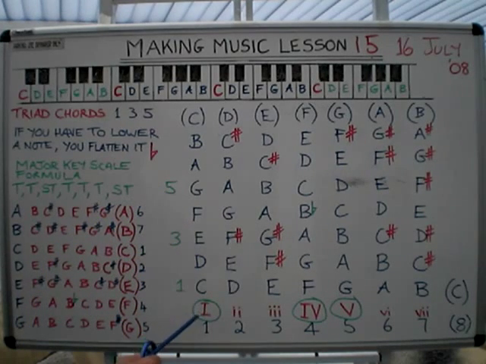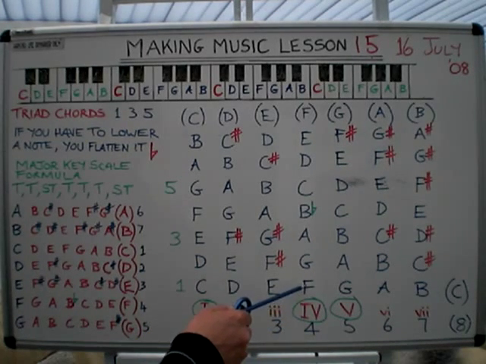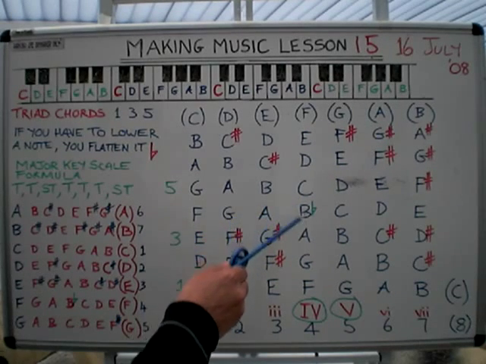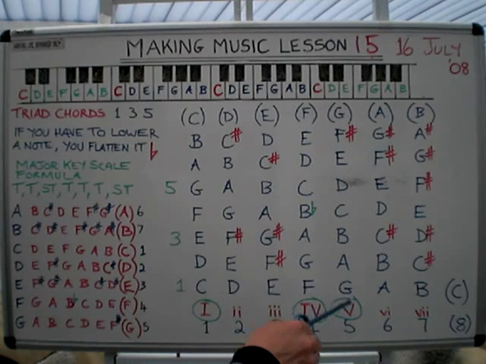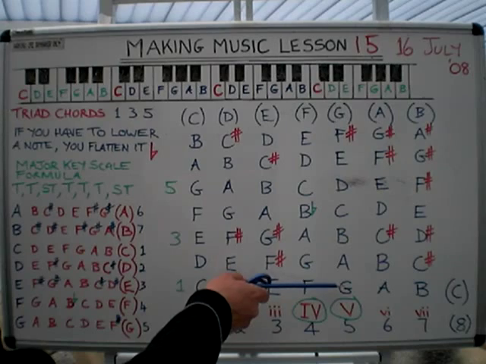So I've put Roman numerals here, I'll call it uppercase or capitals. 1, and I went over to the 4th because F, A, C produced a major chord. That was a major chord, this is a major chord, and this next one's going to be a major chord. What I mean by that, I'll explain in a minute.